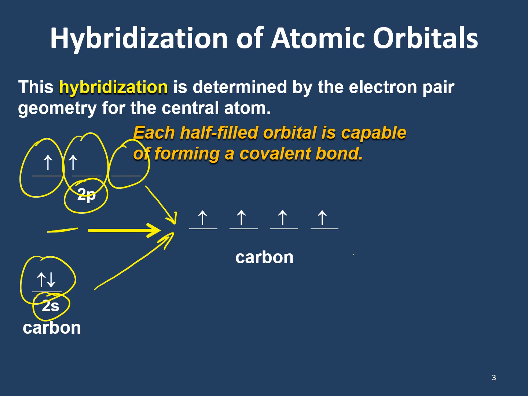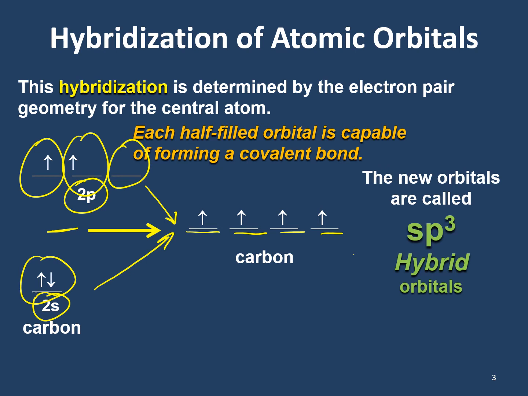Because they're all at the same energy, when we put our 4 valence electrons in them according to Hund's rule, we fill them one at a time. These new orbitals are what we call sp3 hybrid orbitals. Why sp3? Because we mixed one s orbital and 3 p orbitals. So that's why we have the superscript 3 there.